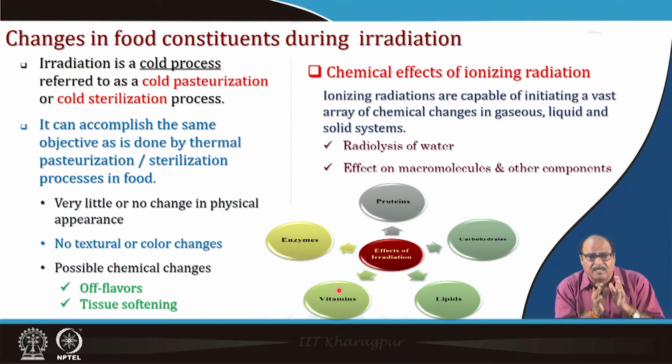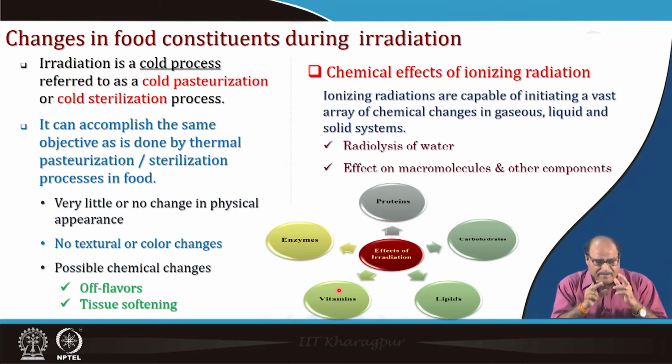So, there is very little or no change in physical appearance, no textural or color change, although some chemical changes which may affect flavor or cause tissue softening, etc., may occur, depending upon the dose and type of food. There are chemical changes brought into the food, that is the chemical effects of ionizing radiation.